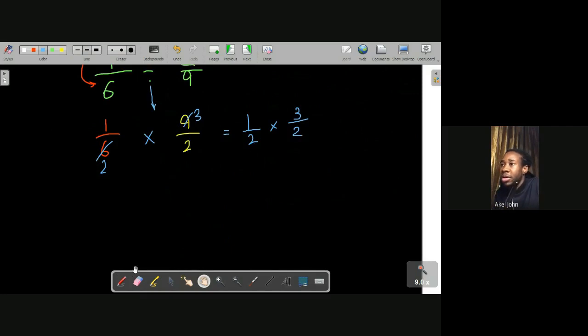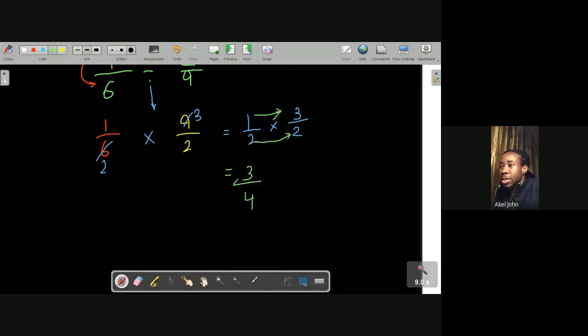Then we multiply across. 1 times 3 is 3. 2 times 2 is 4. So from this section, we get 3/4.